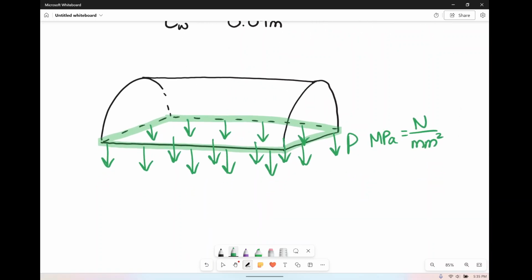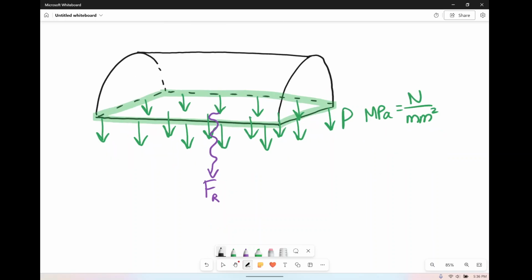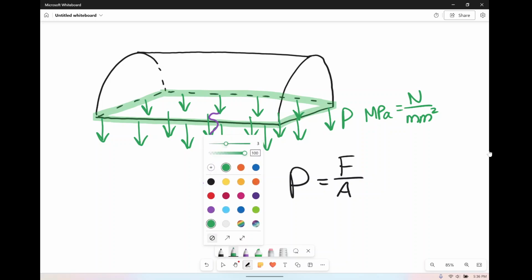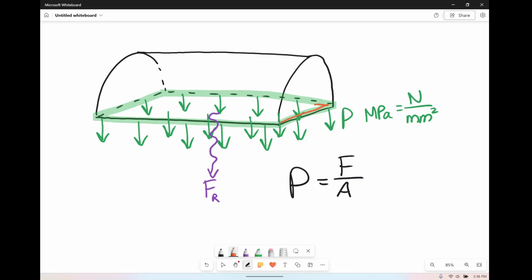So what's the force? We can just imagine that there's going to be a force here at the center of this non-existent surface, and that's going to be our resultant force. So how are we going to find that though? Because if you recall, a pressure or a stress is a force over an area. And whereas we do actually know the diameter of the tank, the inside diameter was 4 meters.